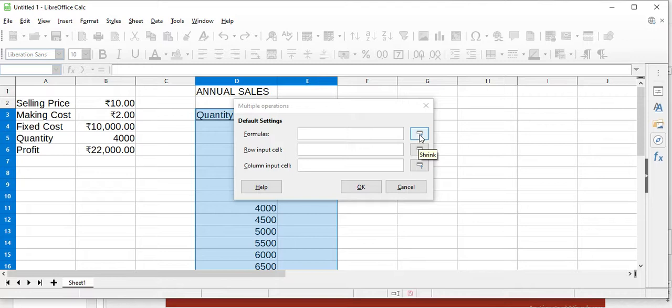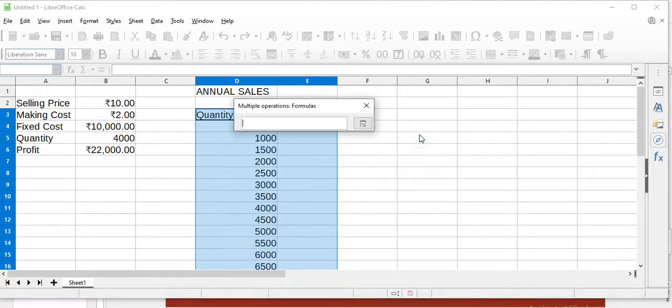For selecting that, you will choose the shrink button, and after selecting the profit cell, click on this.